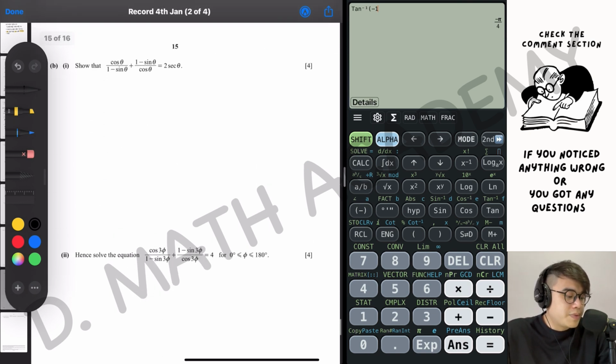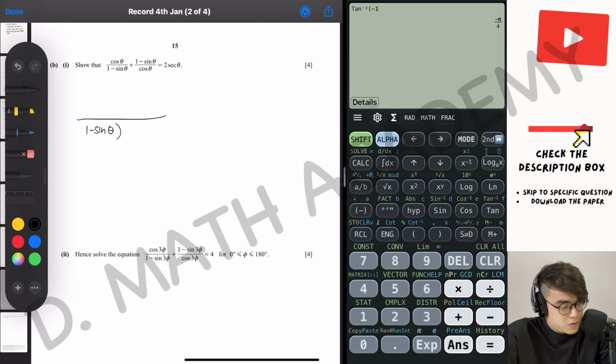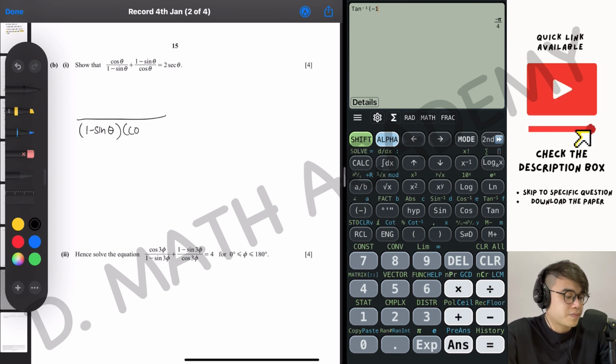Moving on to part B, they ask you to show that it is equals to 2 sec theta. So let's try to make the denominator the same first. So we have 1 minus sine theta and a cosine theta here.